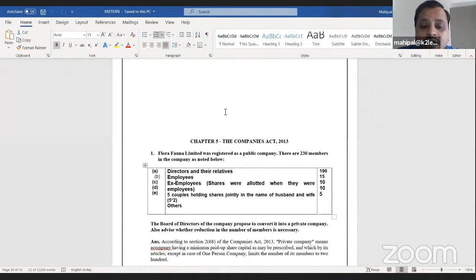Great. Other things from the Companies Act, please be very sure while using those terms: directors, employees, ex-employees, all those things. You should be very clear about the rule. It is important that you understand the section number; it is not important to quote a wrong section number. It is a crime. Clear?